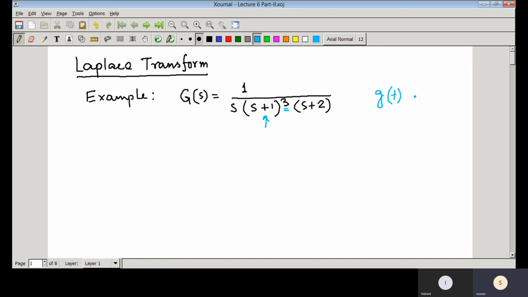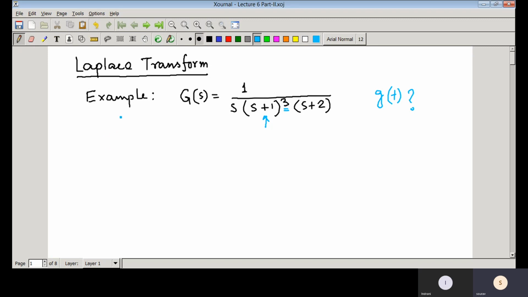So here we'll be applying inverse Laplace transform to find g(t). Before doing that, we need to represent this G(s) in partial fractional form, applying that Heaviside formula.